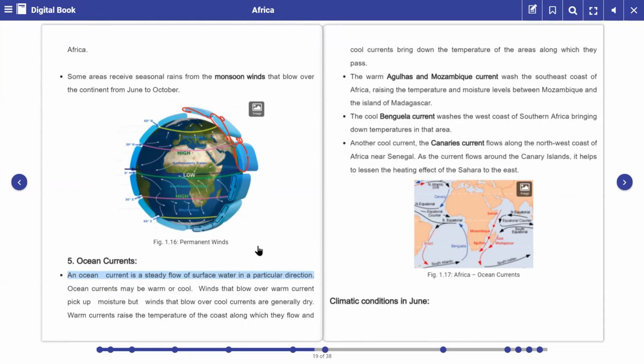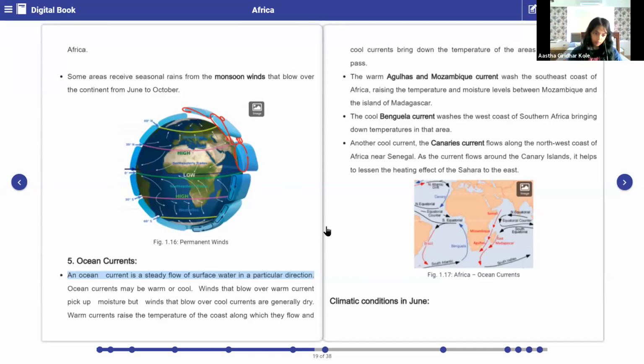So the surface water of the ocean flows in a particular direction steadily. That is called an ocean current. Now, an ocean current can be either warm or cool. Please underline that also, warm or cool.